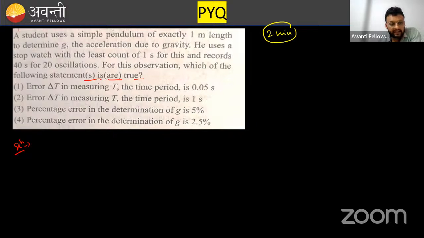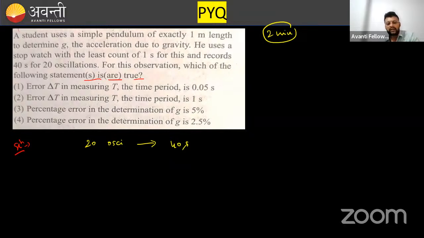Now, delta T here, capital T is what? Time period. Error in the measurement of time period, they are saying either 0.05 or 1 second. So first of all, we need to find what is going to be the error in the measurement of time period. Now they are saying for 20 oscillations they are taking 40 seconds.